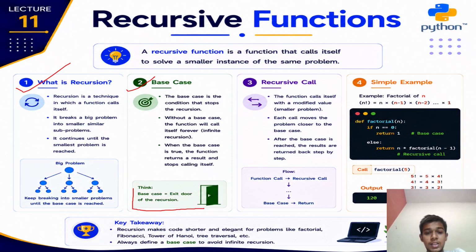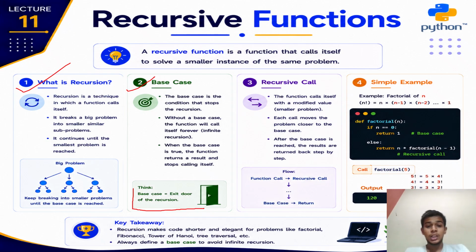Now let's understand the recursive call. A recursive call is simply the point where the function calls itself again. Each time it calls itself, the input becomes a little smaller or simpler. For example, if we want to calculate something for 5, the function may call itself for 4, then 3, then 2, then 1, and finally it reaches its base case.